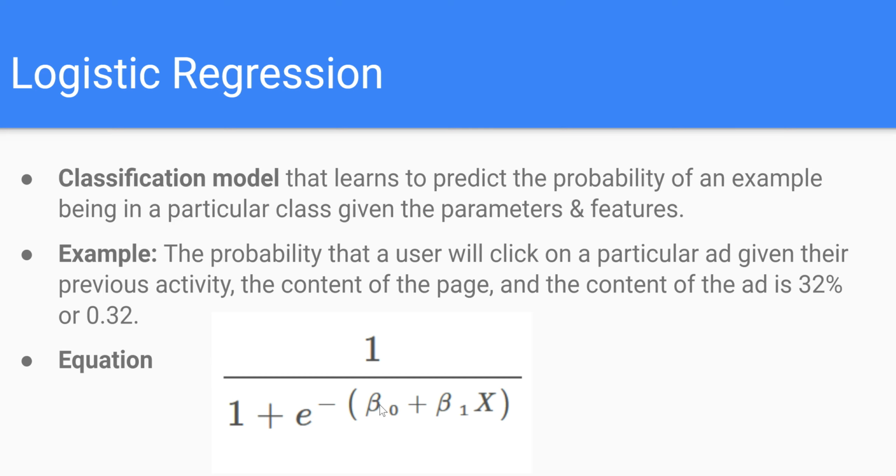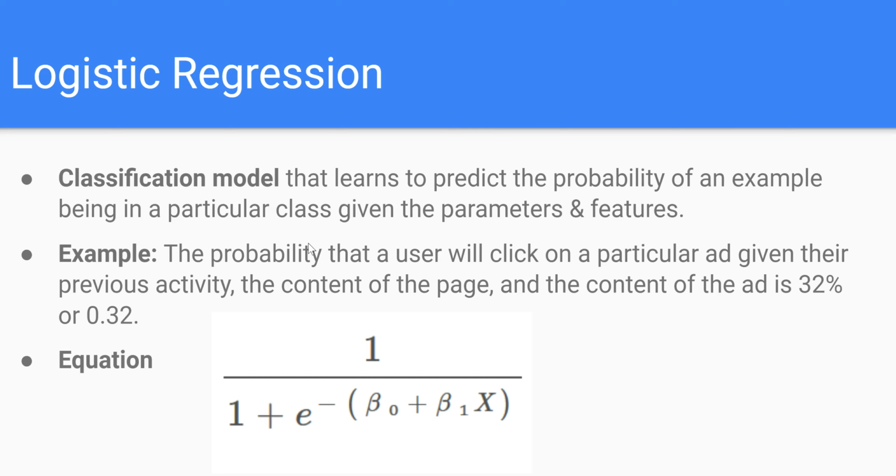It could be 1,000 or 900 or something like that. It's going to squeeze it down into a number between 0 and 1, which means it can be interpreted as a probability. So the output of the linear regression equation could be 5,000, but when we slam it into this equation, we get a number between 0 and 1 that we can interpret as a probability.